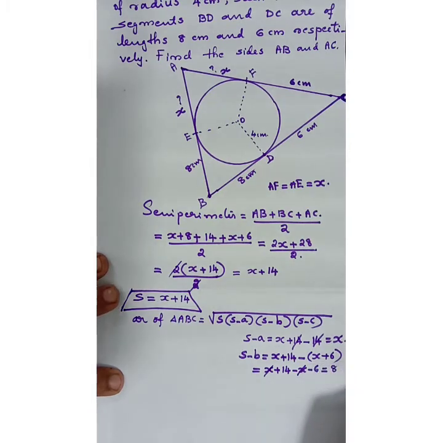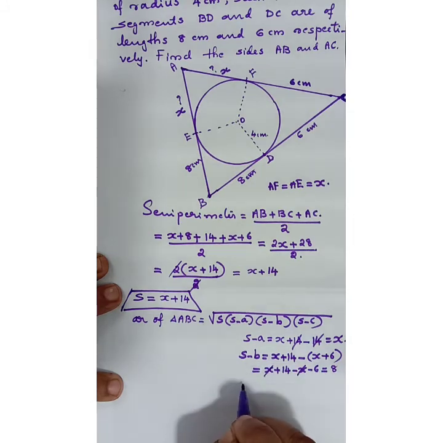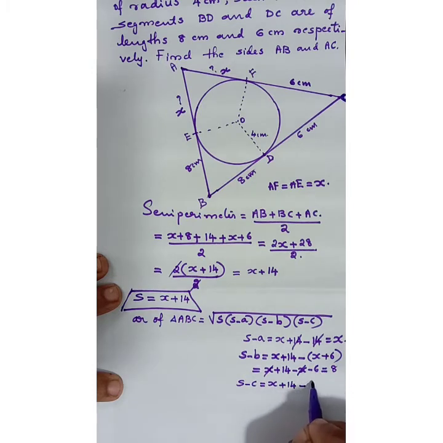S minus B is 8. Next is S minus C: X plus 14 minus C, which is X plus 8, becomes X plus 14 minus X minus 8. So 14 minus 8 is 6.